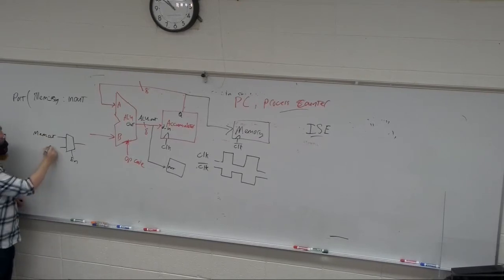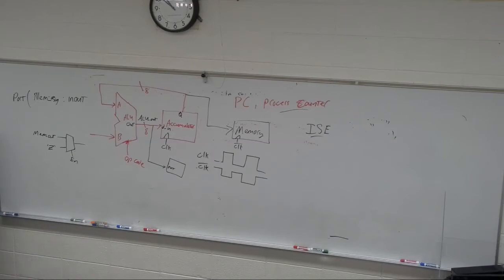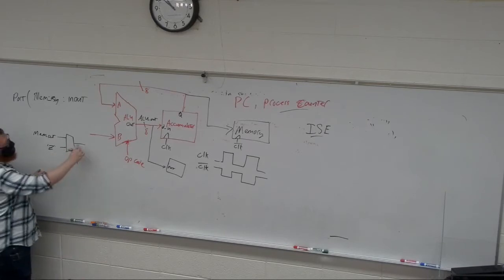On the other one, we'll just assign Z. Z is high impedance. When we set an output to high Z, it can now function as an input, because it's not asserting anything. And then this is our port.